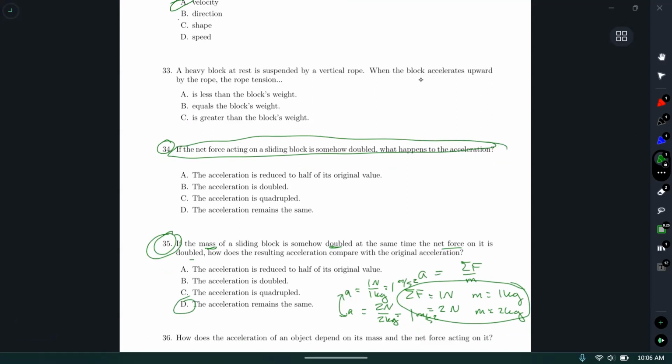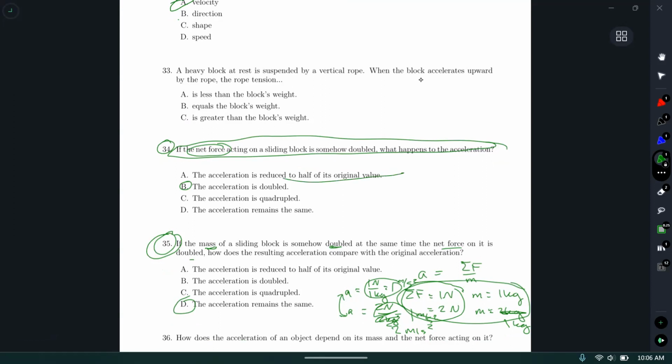And we could again go through this math. We would see really just this part of it happen. The mass would stay 1 kilogram, and if you compare the accelerations, it would have originally been 1, and then it becomes 2. So the acceleration is doubled. But like I said, the easiest way to approach this is sometimes just to say, if net force increased, I expect acceleration to increase.